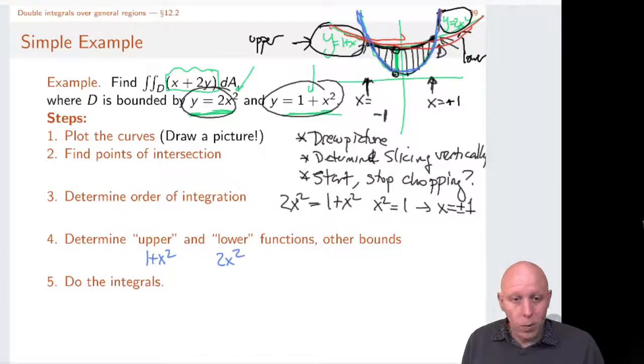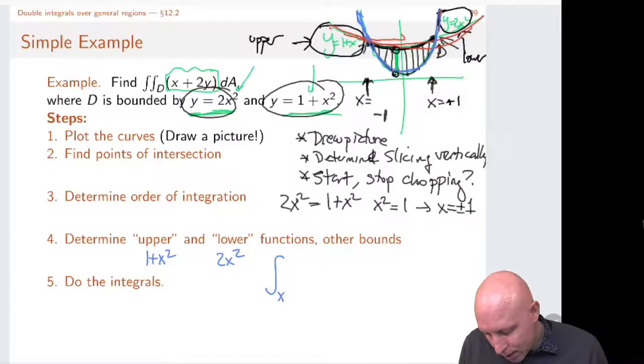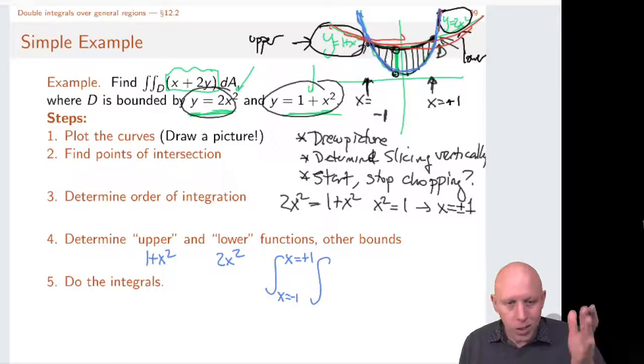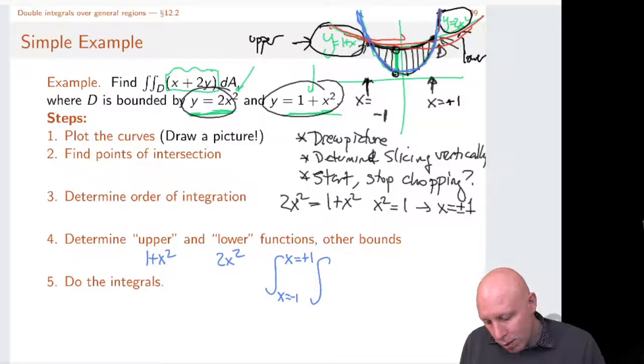So now we have to set up our integral. The outermost integral has to do with where we chop. So we start chopping at x is equal to -1 up to x is equal to +1. And then we set up our bound on y's. So for any value of x along the way, what's the upper function, what's the lower function? The upper function was y is equal to 1 plus x squared.